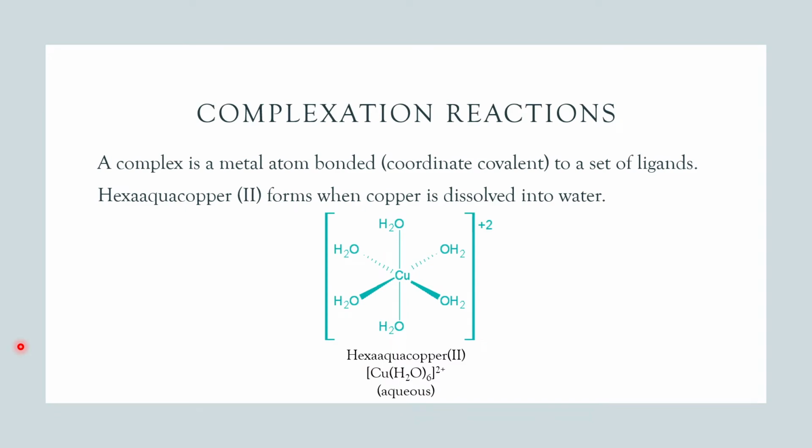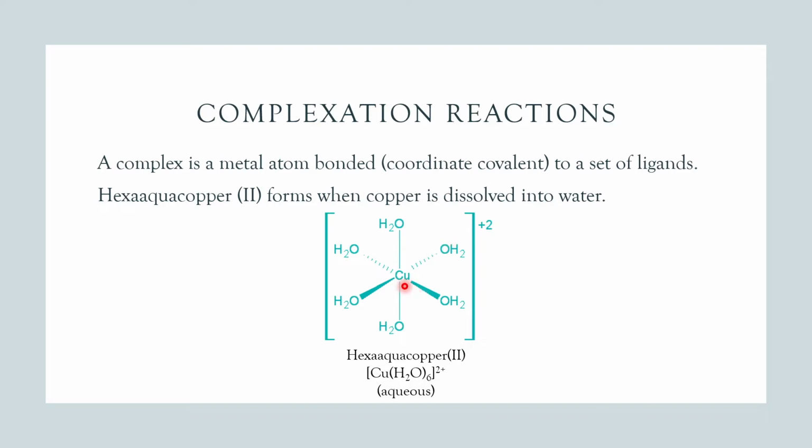When testing for anions, we will go through a series of tests, including precipitation tests. But in this circumstance, we can actually undertake something called a complexation reaction to further distinguish between some of our ions. To understand a complexation reaction, we probably have to first understand what a complex itself is. Essentially, it's a metal atom which is bonded to a set of what we call ligands.